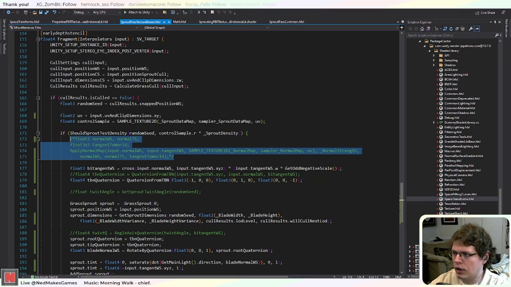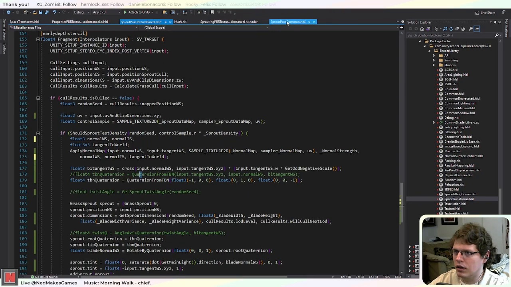Because here we're already going to have to calculate a new tangent and bitangent, because I'm perturbing the normal with the normal map. So I thought this would be simpler, but okay, I guess it's not.